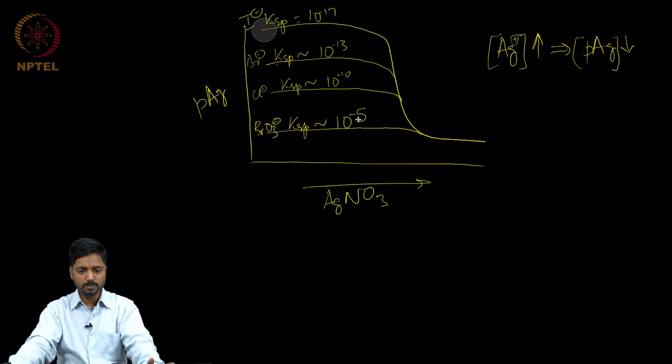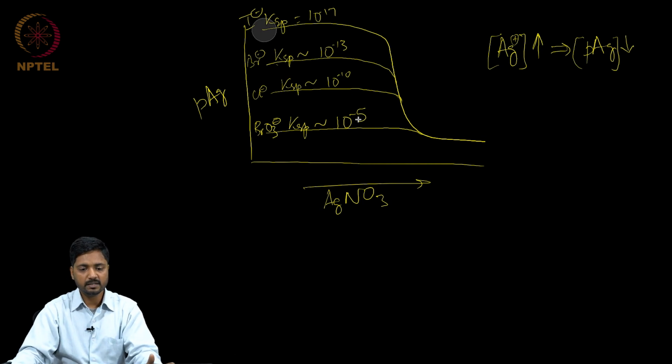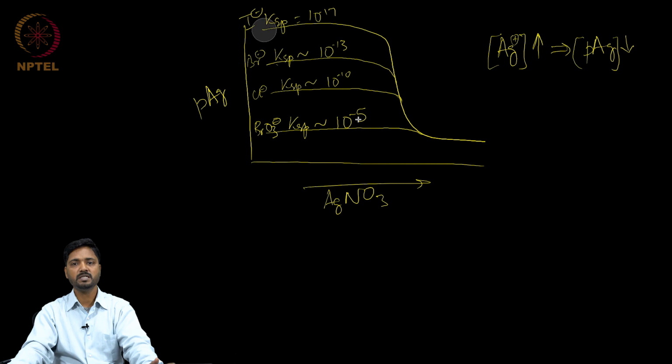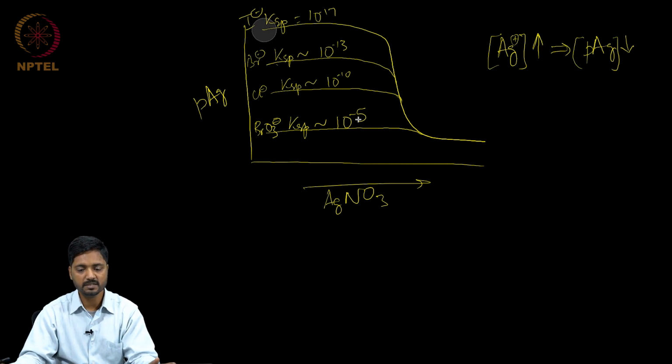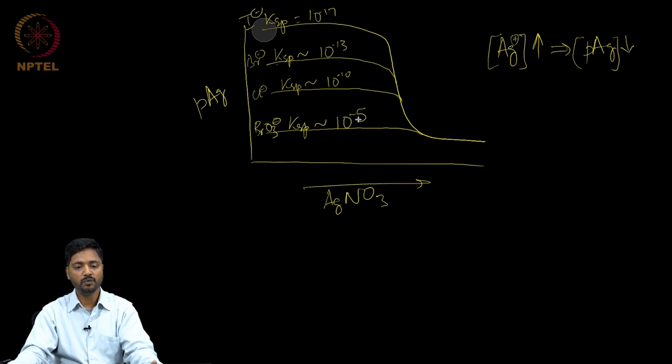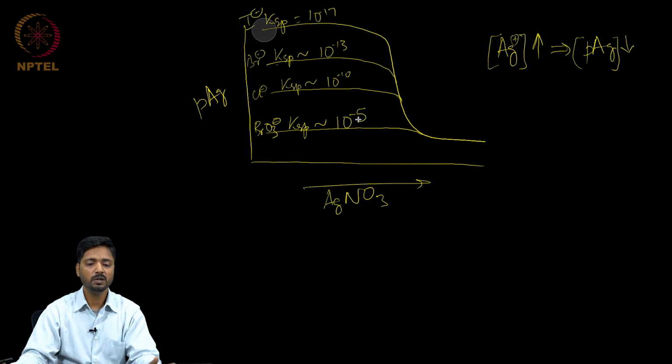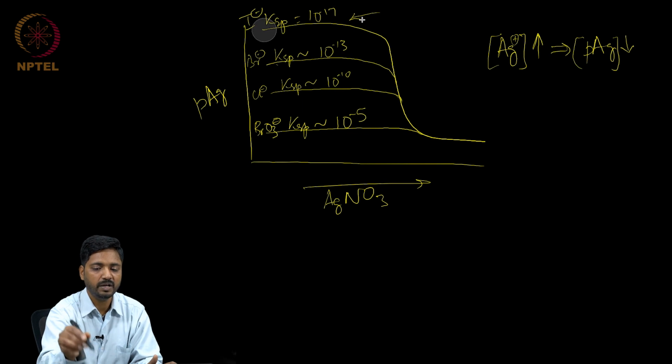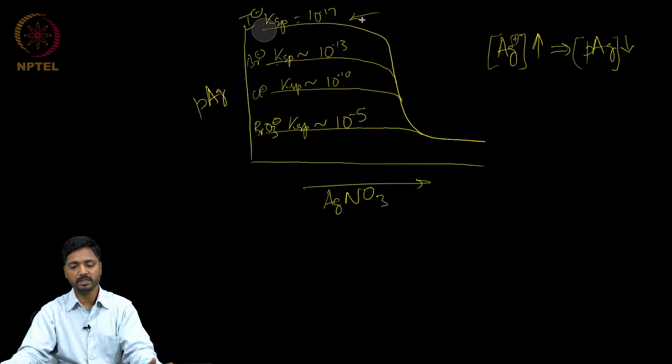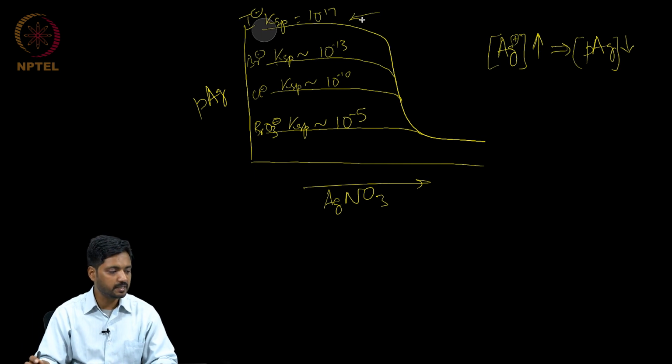So, what we observe here is that the KSP is in this case analogous to the Ka value in the case of acids, and the lower the KSP value, the sharper will be the transition during the titration.